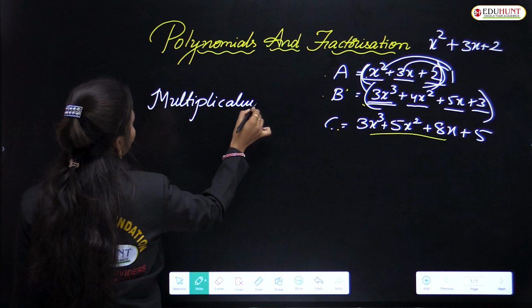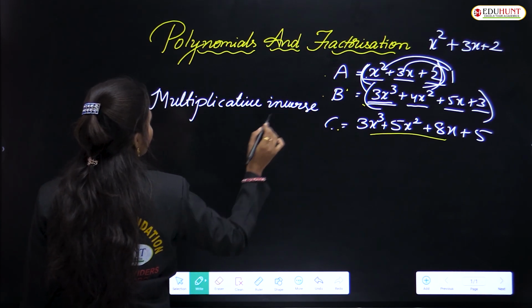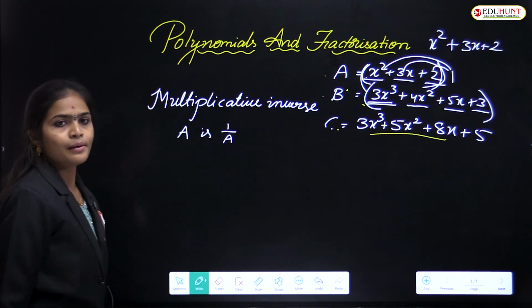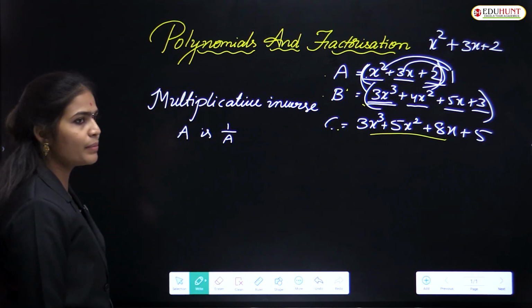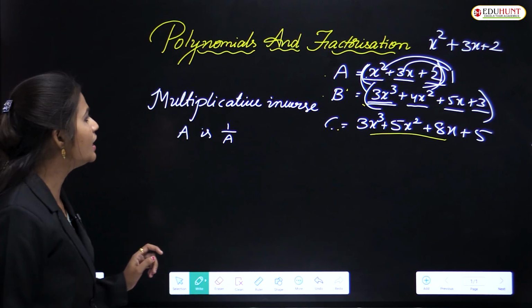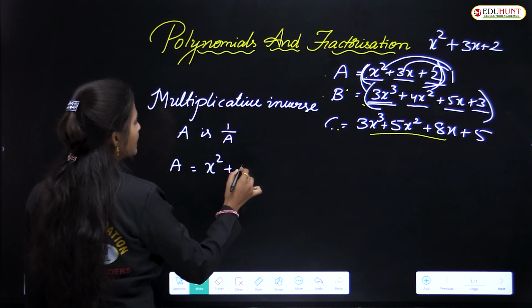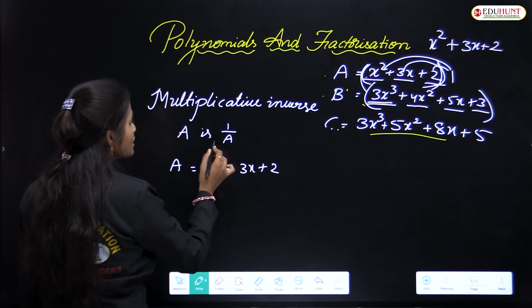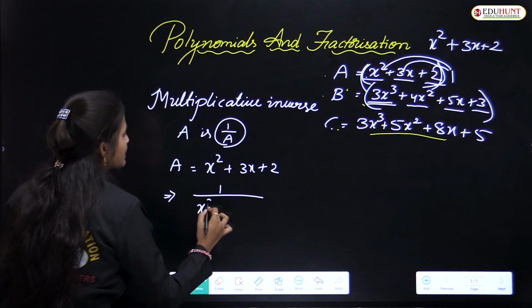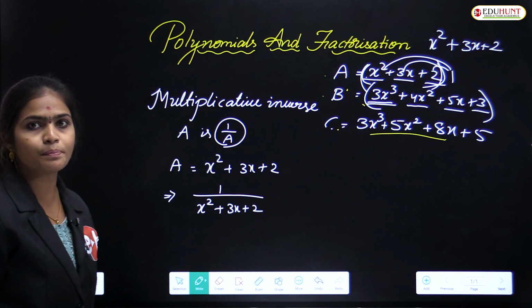The multiplicative inverse of a is 1 by a, the reciprocal of a number. Here a is equal to x square plus 3x plus 2, so 1 by a means 1 by x square plus 3x plus 2.